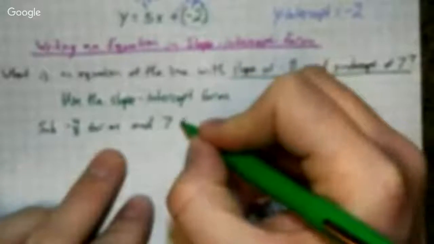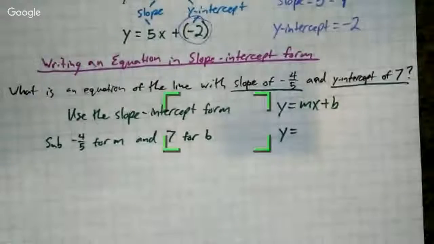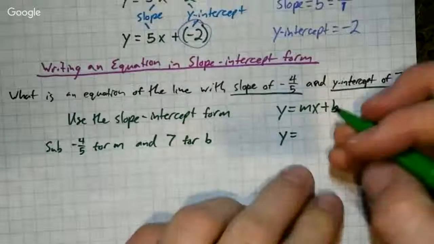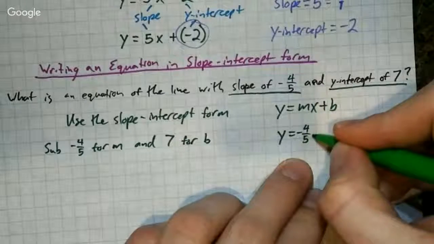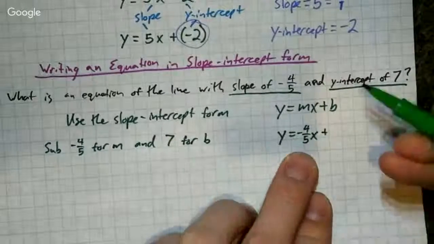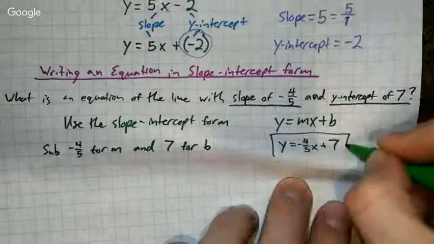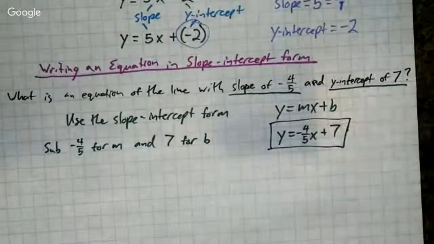So we need to sub negative 4 over 5 for m, which is the slope, and 7 for b. So we're just going to go ahead and plug those in. Y stays the same, equals, we're substituting negative 4/5 for m, so it's going to be negative 4/5 x plus, and then we're substituting 7 for b. And there we go, we've gotten our slope-intercept form.